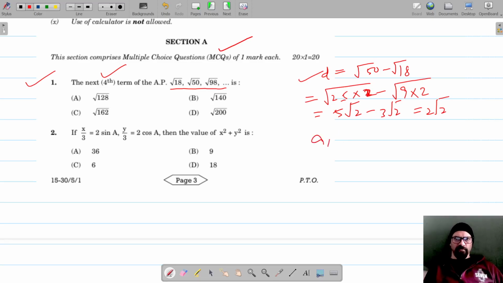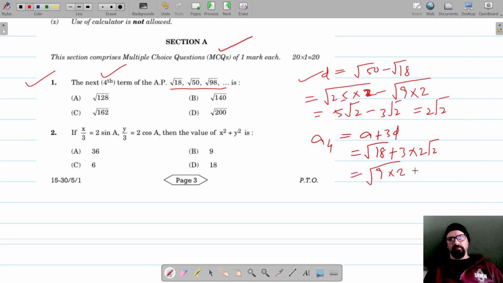We have to find the fourth term. So fourth term is equal to a plus 3d, using the nth term formula. A is root 18, plus 3 into d, which is 2 root 2. So root 18 is root of 9 into 2, plus this is 6 root 2, and root of 9 is 3, so 3 root 2 plus 6 root 2 is equal to 9 root 2.